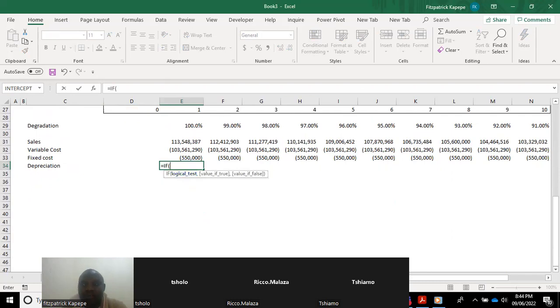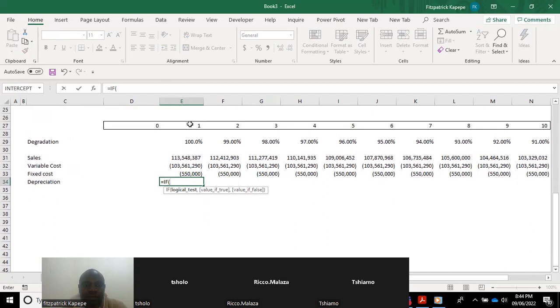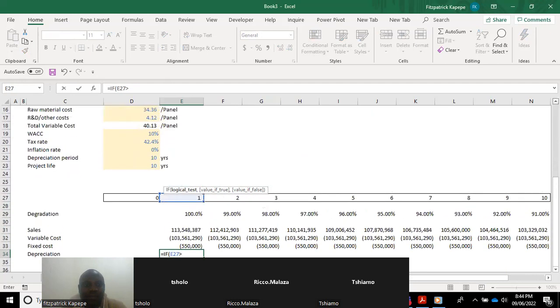this number here is greater than the depreciation period, which I'm going to lock. You don't need to do that. I'm sure your documents would have it. If this number down here is greater than that number, give me 0.